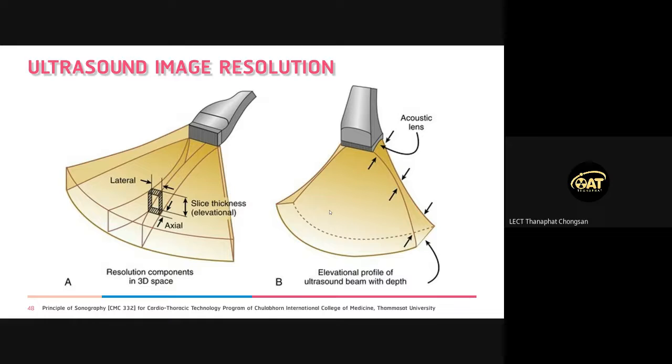This is a conclusion about the factors of resolution. First, axial resolution is along the beam direction, lateral resolution is perpendicular to the beam direction, and elevational is the slice thickness, the thickness of the beam. In Thai, axial is measured in the same direction as the beam's travel, lateral is measured across the direction of travel, and elevation is measured along the thickness of the beam.